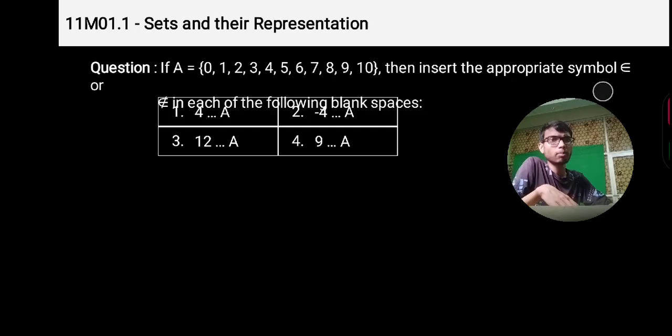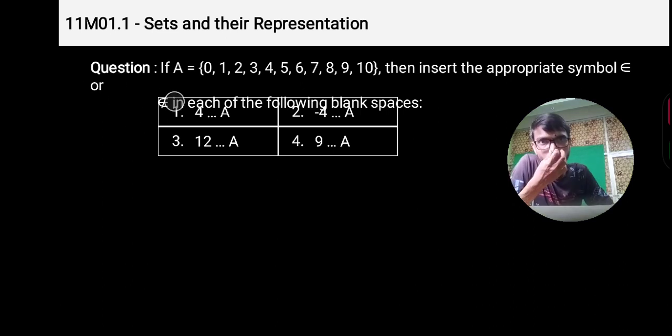Then insert the symbol belongs to or does not belong to in each of the blank spaces. So we have 4. Of course there is a 4 element in this, so we can say 4 belongs to A, because 4 is in this set.